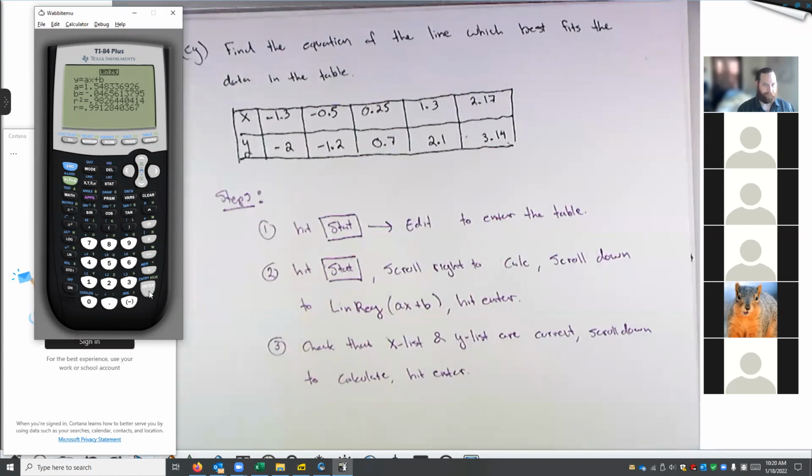All right. And it's going to generate several things. So this says y equals ax plus b. This is the output. A is your slope. B is your y-intercept.